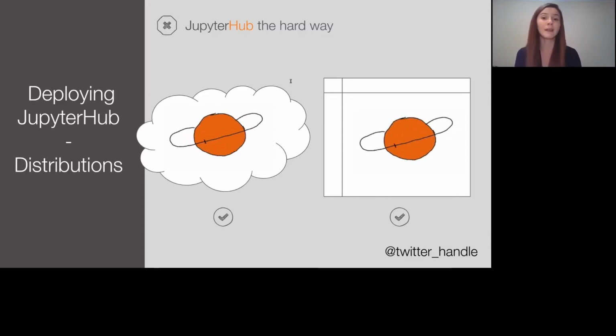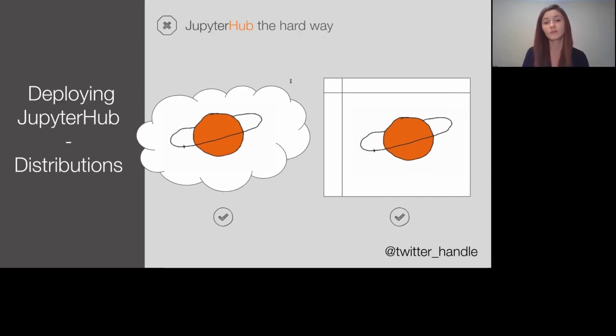Deploying JupyterHub independent of these distributions is called deploying it the hard way. This is because, apart from some JupyterHub internals knowledge, some system administration know-how is also needed to successfully complete this task. And though definitely this is not impossible, it will take a bit more time.